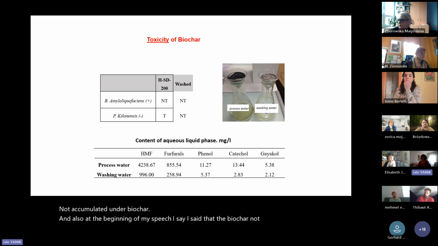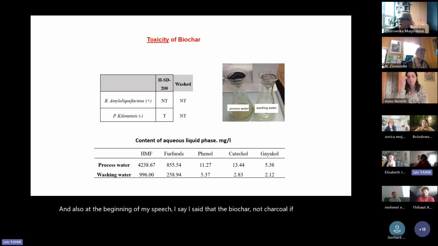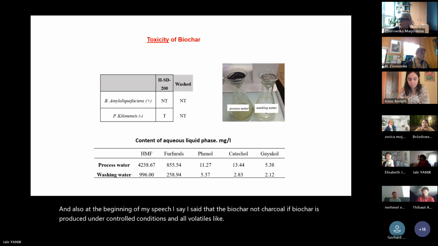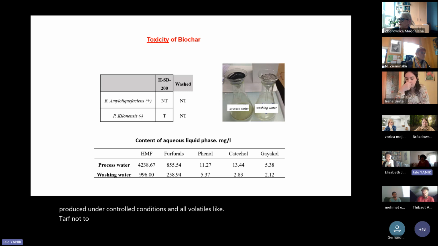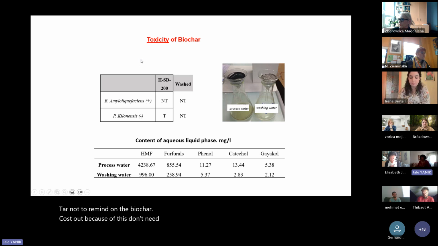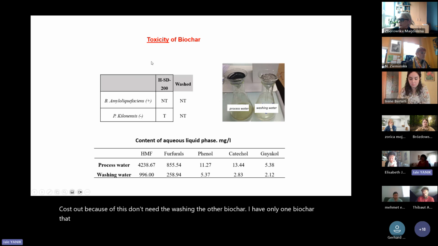If biochar is produced under controlled conditions, all volatiles like tar do not remain on the biochar, they go out. Because of this, we don't need to wash the other biochars. I have only one biochar that was obtained by wet carbonization.